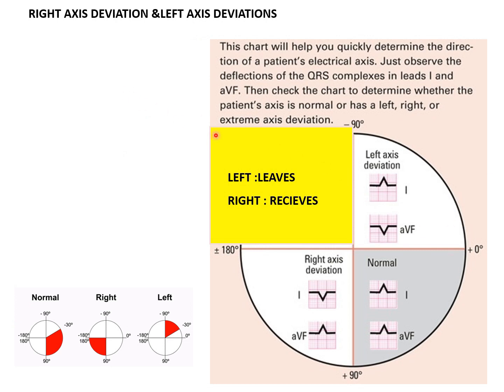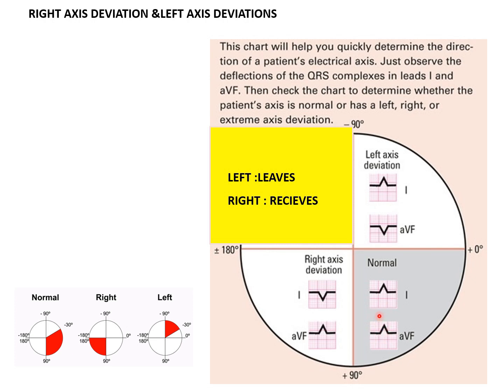So to check the right axis and left axis deviation in the ECG, it is very easy to remember. You have to consider lead 1 and AVF. Remember, in normal axis, the tallest wave should be positive in lead 1 and lead AVF.